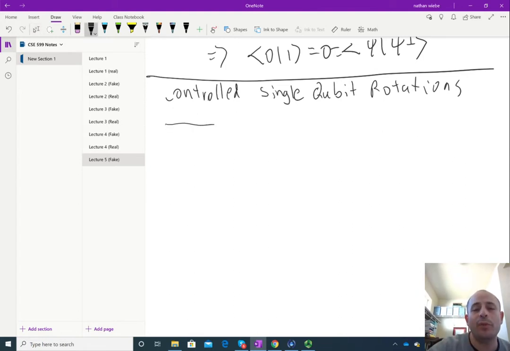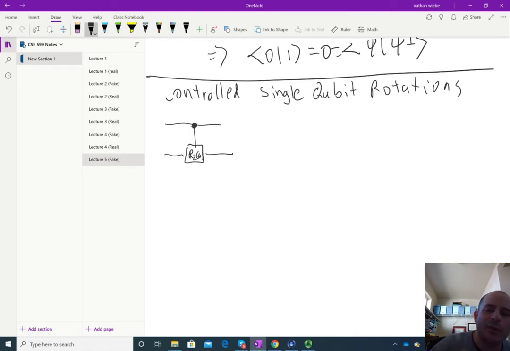So controlled single qubit rotation has a circuit that is represented in the form like this. Recall that theta, down at the bottom, is a free parameter. It's any number you feel like, a real number, I should say.